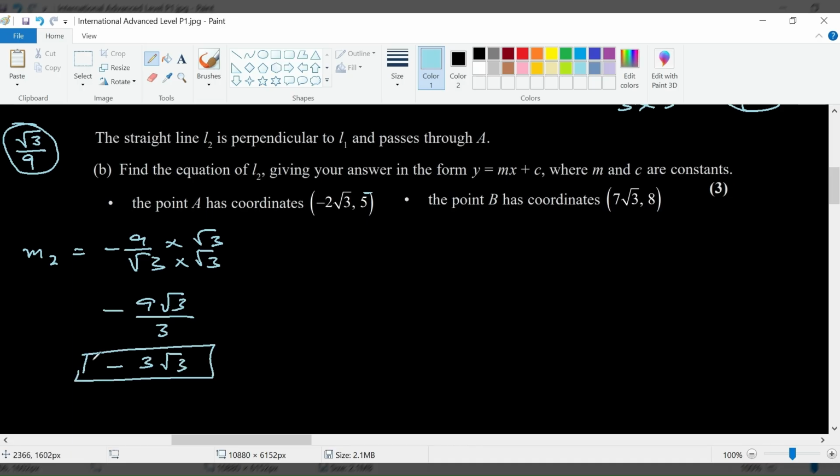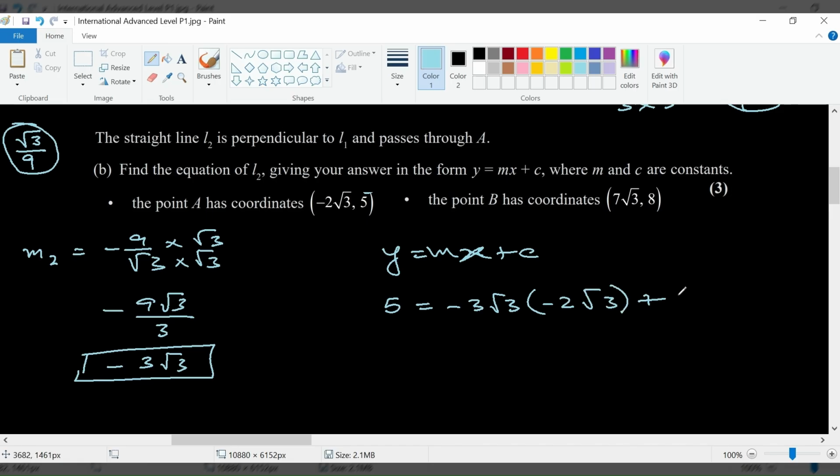Now I'm using y equals mx plus c. Taking y as 5, the gradient is negative 3 root 3, and the value of x is negative 2 root 3, plus c.